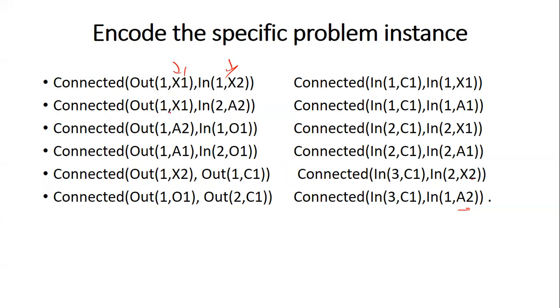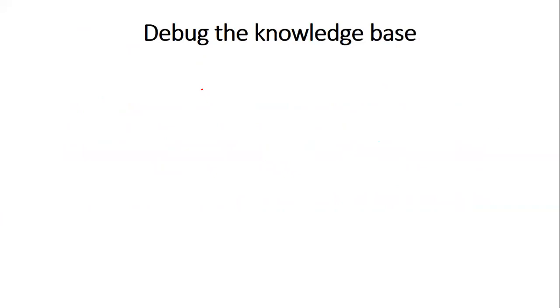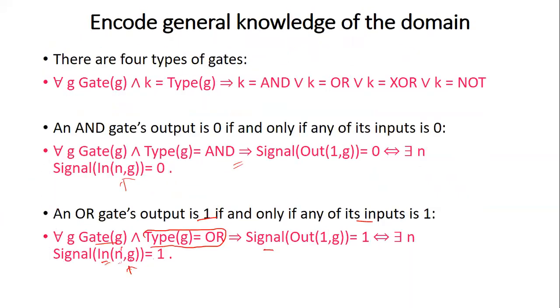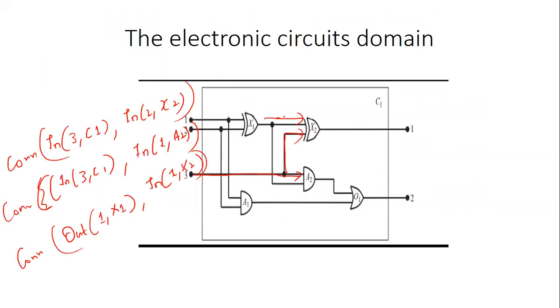Next, the first output of X1 also goes to A2. So if you see here, the first output of X1 also goes as the second input of A2. So that is like what? The first output of X2 is nothing but the second input of A2. So this is connected, right? Okay. Then what else?